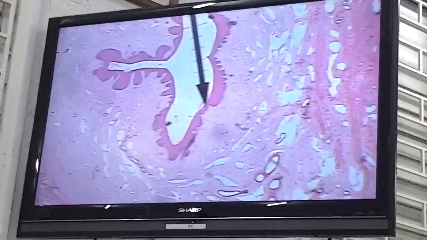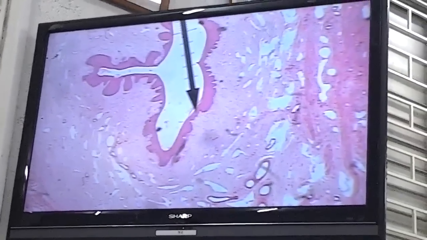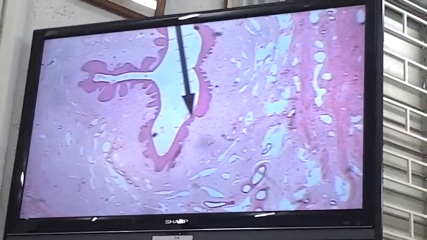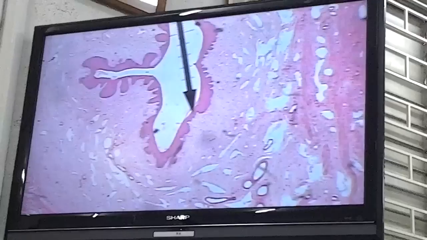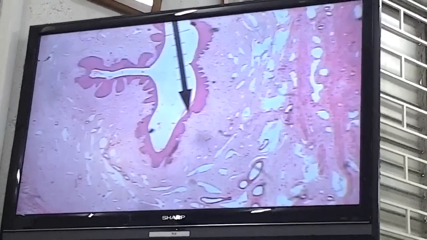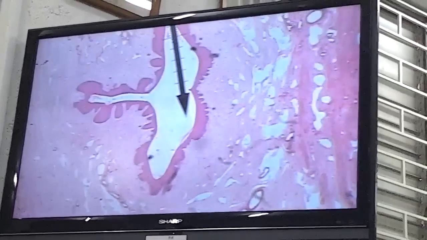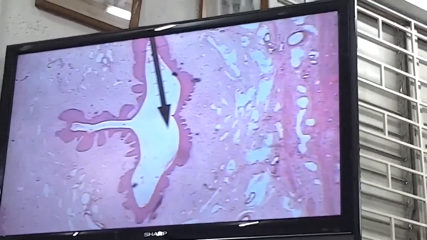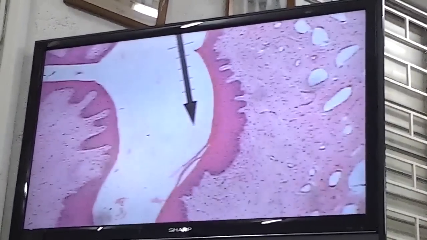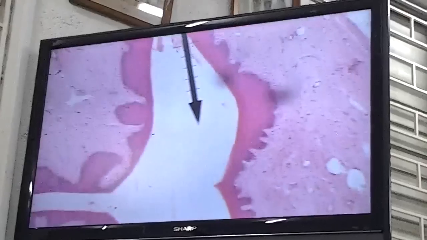It transitions very quickly from the transitional epithelium of the urinary bladder, and theoretically, though I've never seen it, stratified columnar. Here we see stratified squamous epithelium.